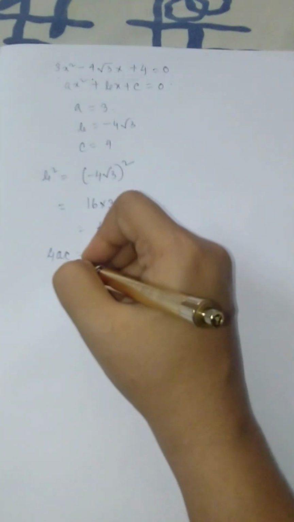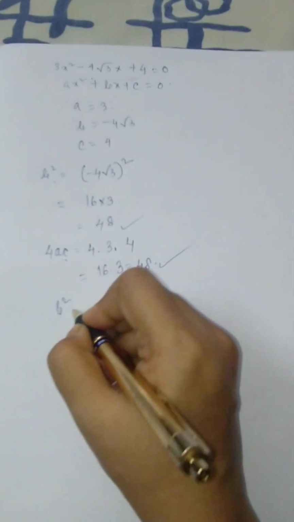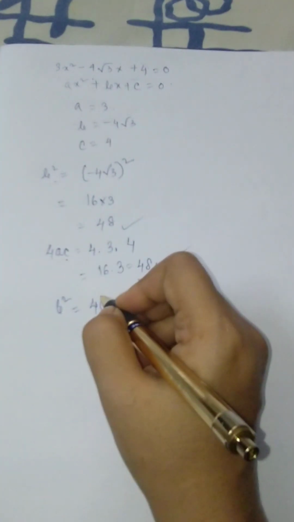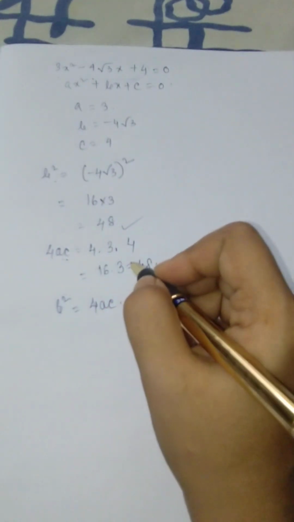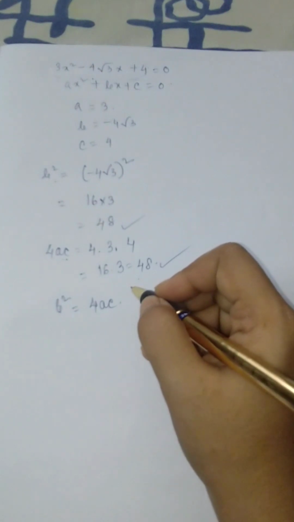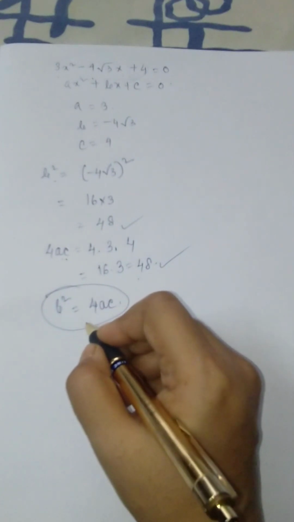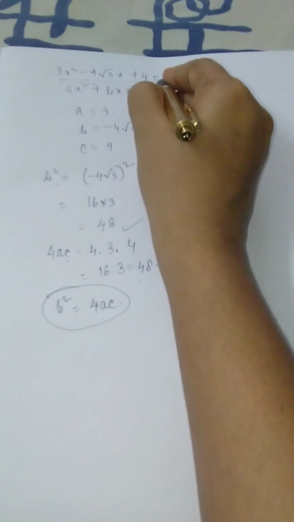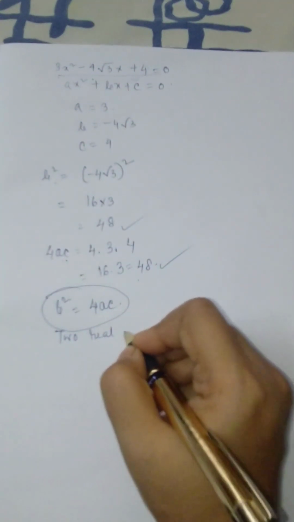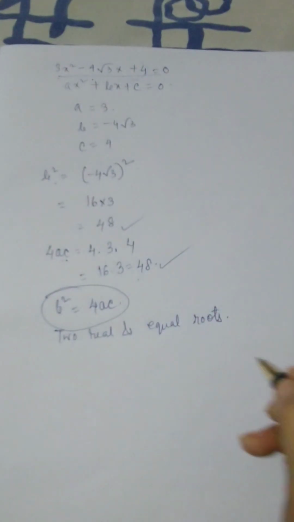So you can see that both in b square and 4ac the value is 48. So we can write that b square is equal to 4ac, right? In this case, the nature of the root follows the second formula, where b square is equal to 4ac. We can say that this particular quadratic equation has two real and equal roots.